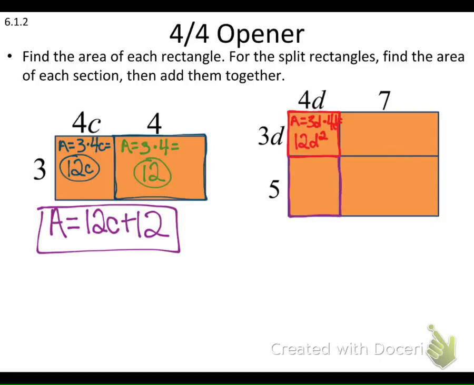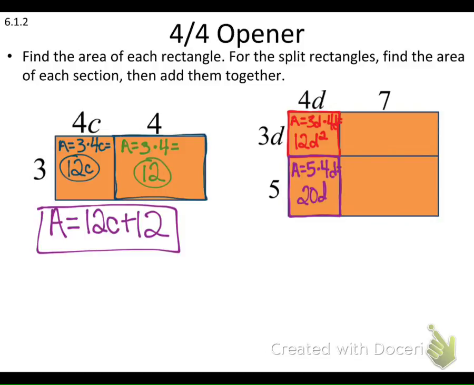What is my height for this rectangle? 5. My width? 4D. Good. And my area? 20D. Good job.